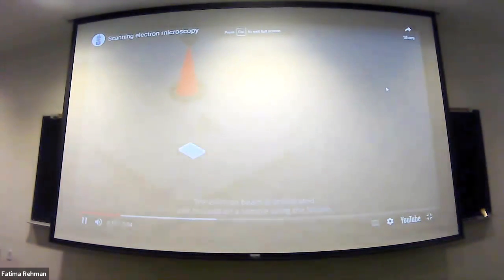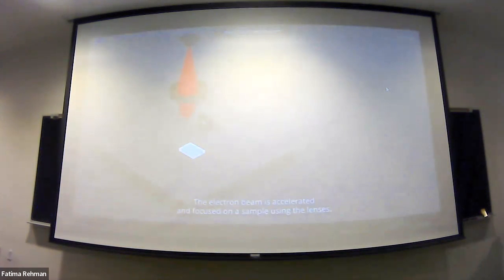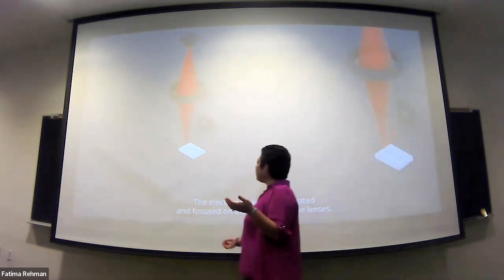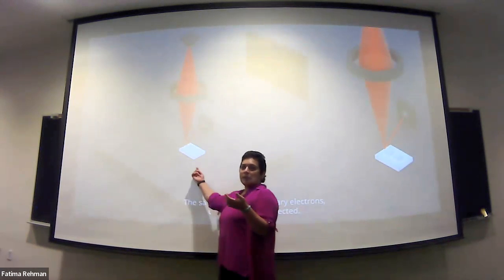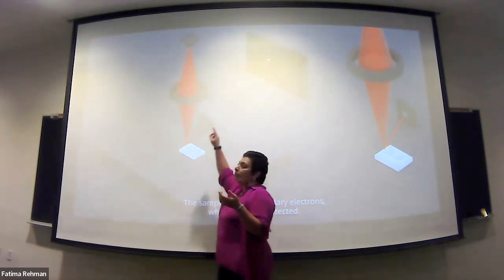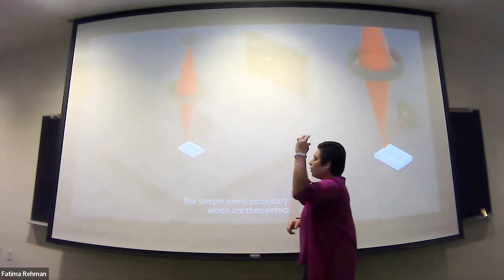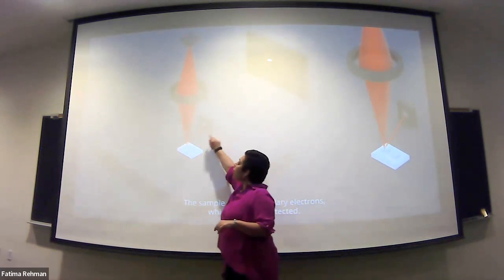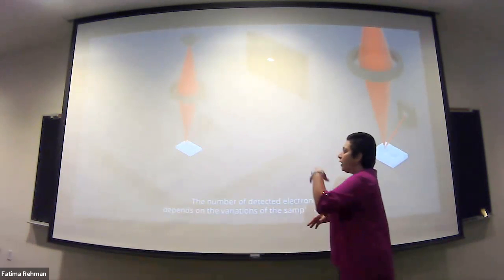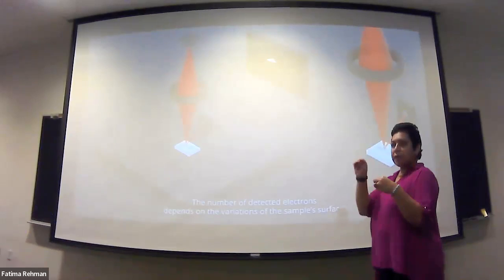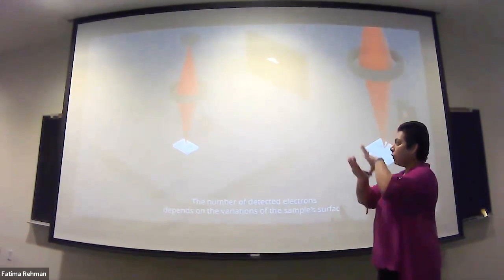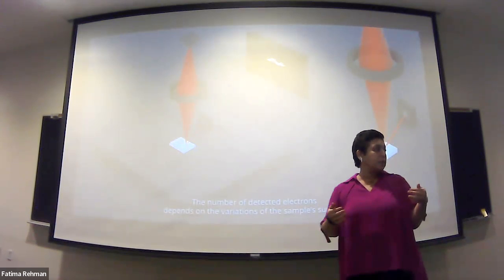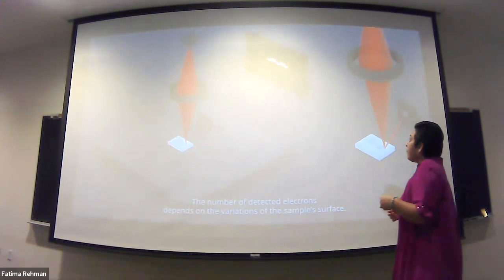So here you can see how it uses a beam of electrons instead of a beam of light, right? With light microscopy, you were taking the light typically from the bottom of the sample. Here, the beam of electrons is put from the top, and it hits your sample, it bounces off, and it is going to then recreate that image spot by spot to give you that entire outer structure of that particular image.